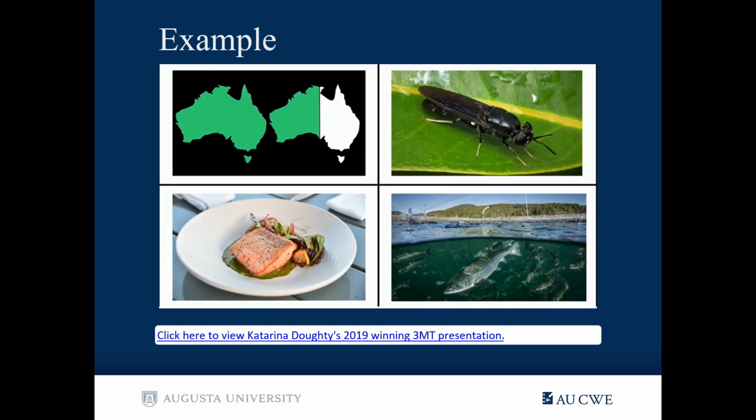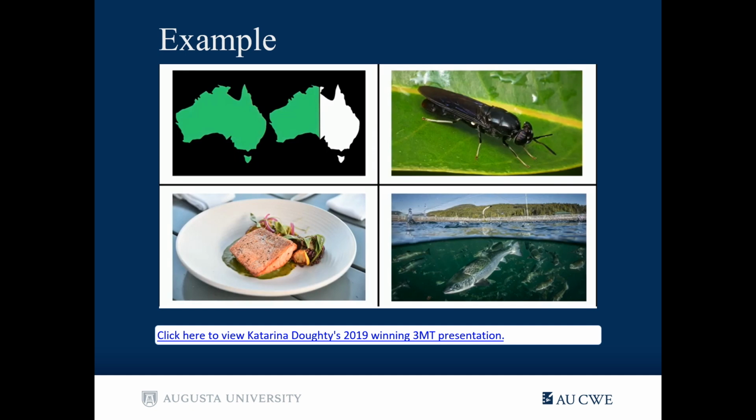She describes black soldier flies as this kind of key link in a closed food production loop. The bugs are very good at digesting organic material, so all the massive amounts of food that we throw away, they could be digested. And what she finds is that the calorie content of these bugs after they've digested this organic material is very similar to the fish meal that's used to feed farmed fish.